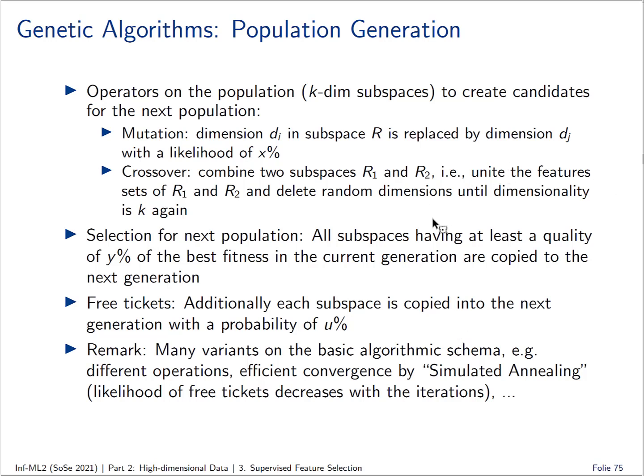As you see, they have a lot of randomness, but still they try to somehow guide this randomness to get better results. On the other hand, they are obviously heuristic. Genetic algorithms don't guarantee the optimal result. That has to be clear.